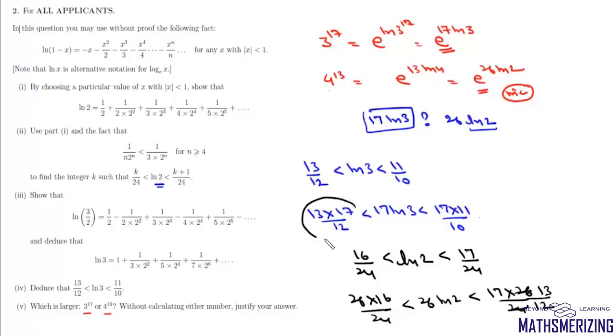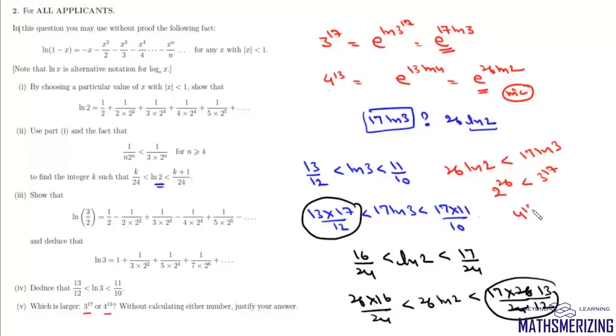Now if we look at these two values, they're the same. So from here we can clearly say 26 log 2 will be less than 17 log 3, or simply 2 to the power 26 is less than 3 to the power 17, or 4 to the power 13 is less than 3 to the power 17. So which is larger? 3 to the power 17 is larger.